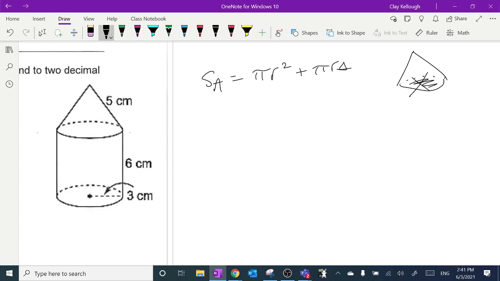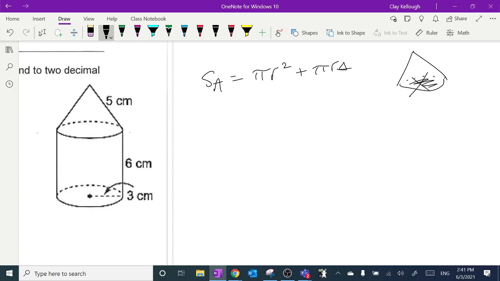Really? Nobody can see this? So I have a cone. The surface area of the cone is this formula. Try to remember, we talked about when we learned this a few days ago, kind of where this formula comes from.